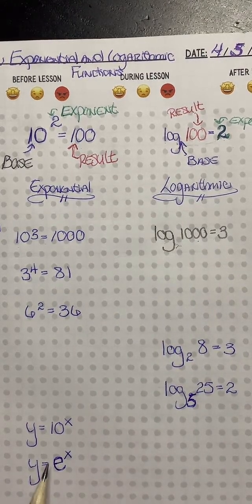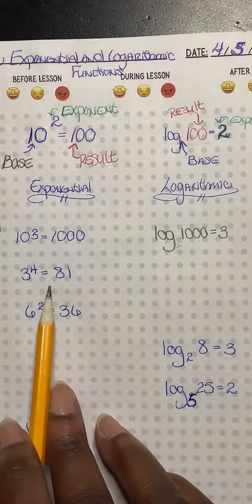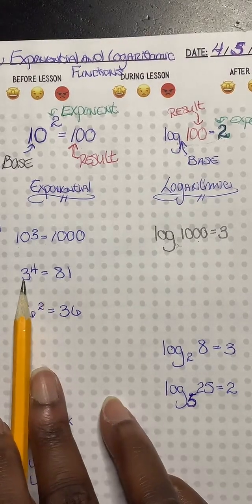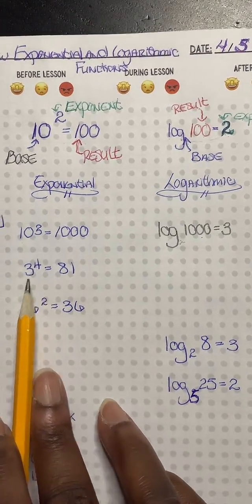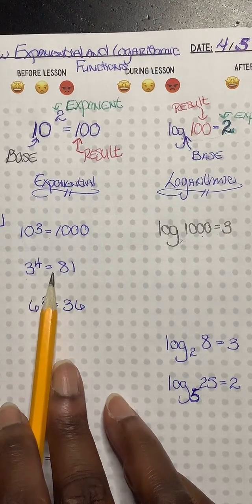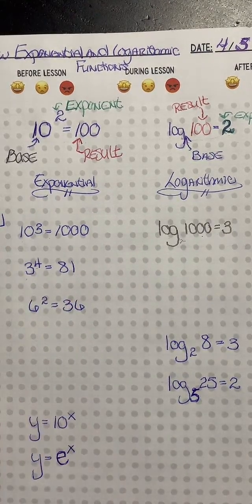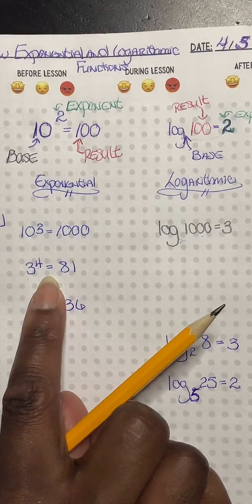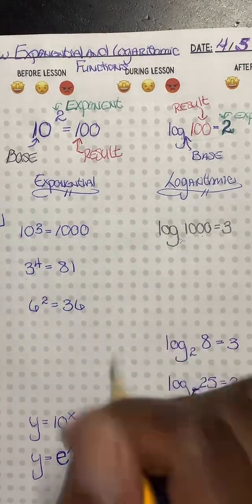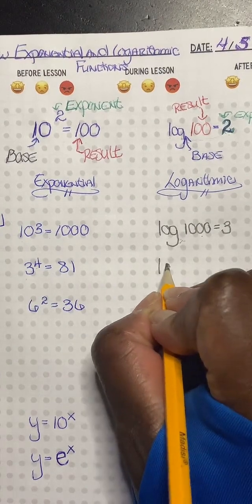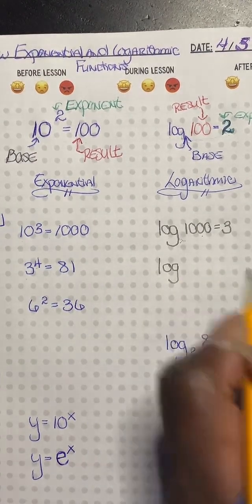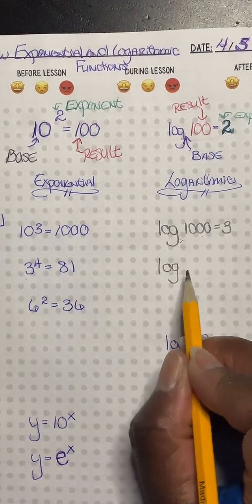Okay, let me try again. So now we have 3 raised to the 4th power equals 81. So we're going from an exponential to a log. So we write our log, then we write our base.